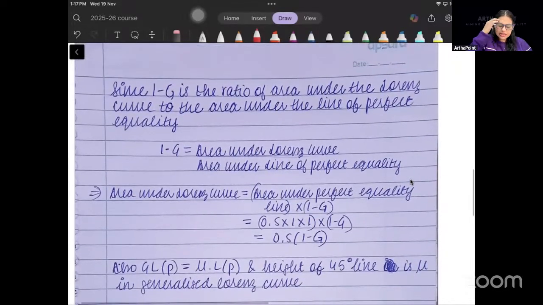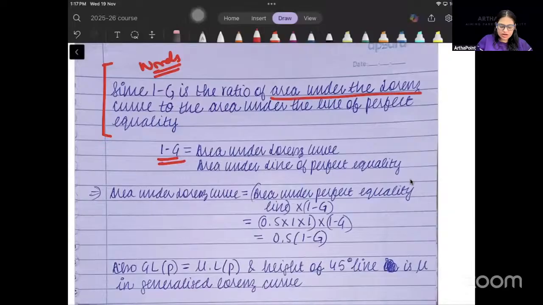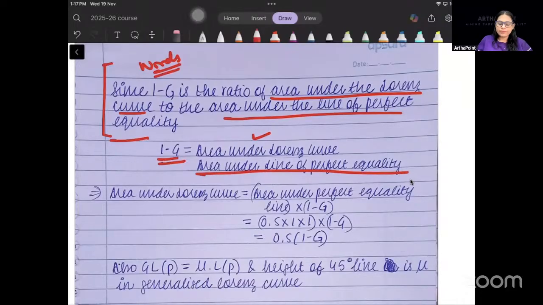You notice that you have written this in words also, and that same thing, that 1 minus G is area under Lorentz curve upon area under the line of perfect equality, you have written this in formula also.